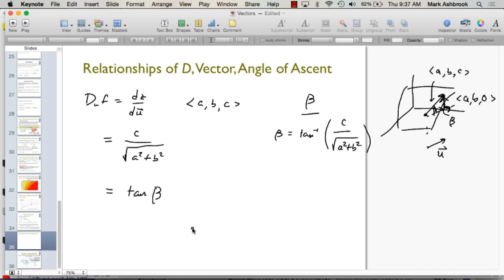I hope that helps a little bit, just thinking about different ways that you can talk about rate of change at a point on a surface. You can talk about the value of rate of change. You could talk about it as a vector. You could talk about angle of ascent. Okay, any questions on that?